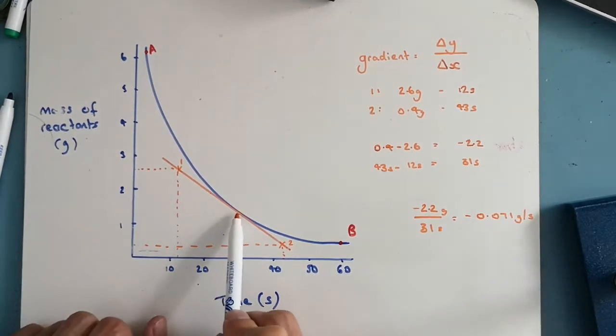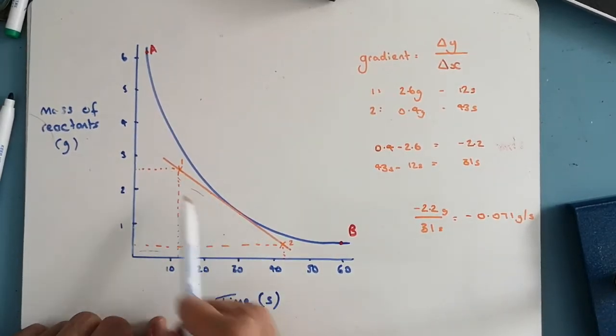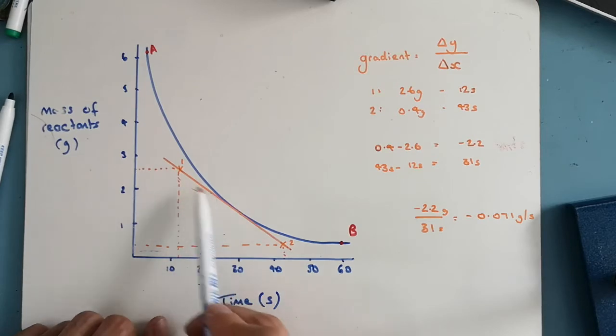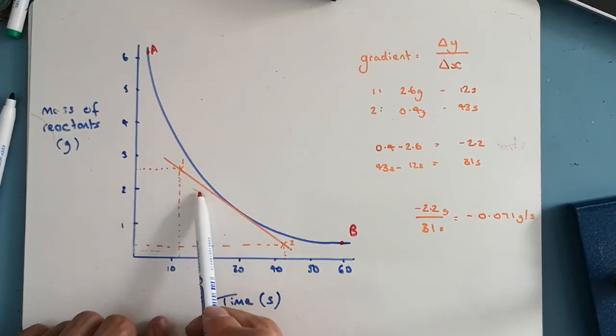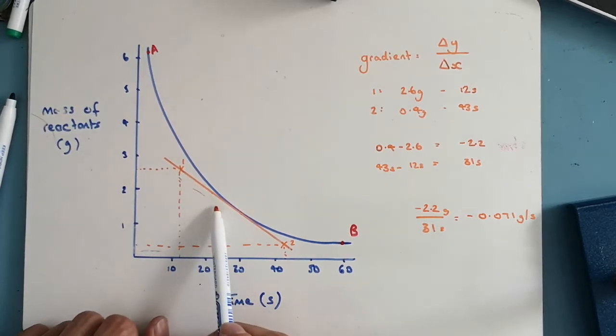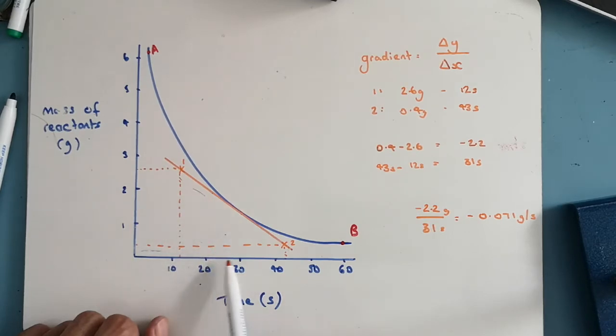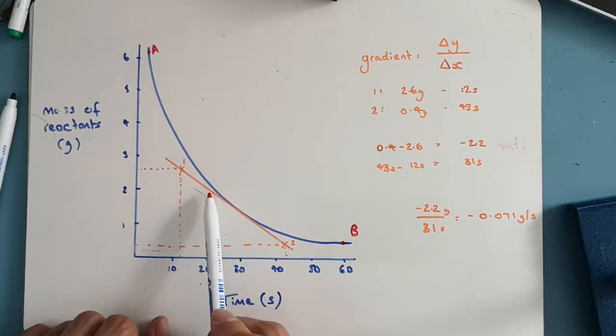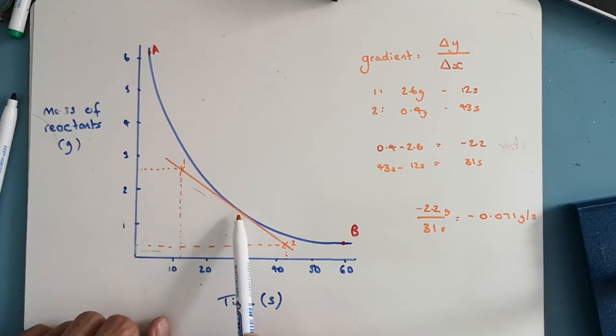And what that means is at this point, along this line, that this is going every second, it's dropping down 0.071 grams. So if you go 10 seconds along on this line, it will have dropped 0.7 grams.